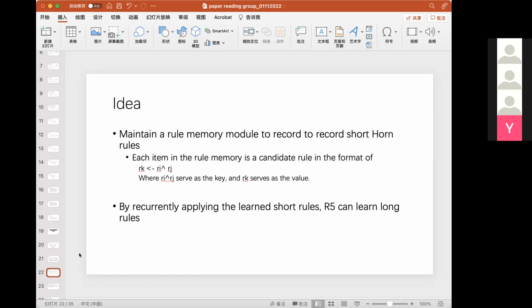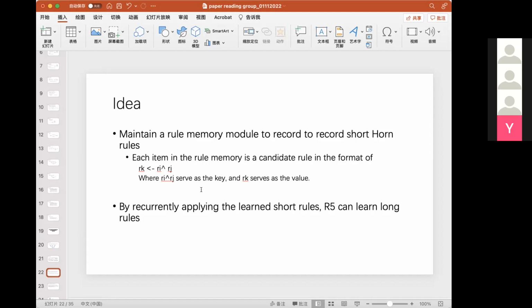Motivated by these examples, the idea of this paper is to maintain a rule memory model in order to record the short-hop rules. This rule memory model is designed to store items of the form: Ri and Rj can be used to infer Rk.